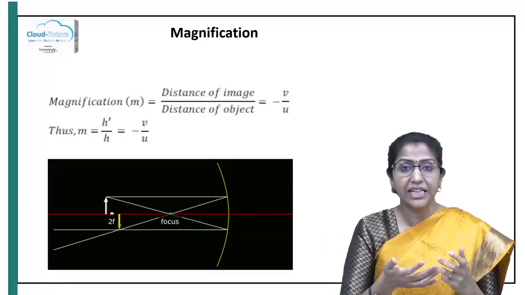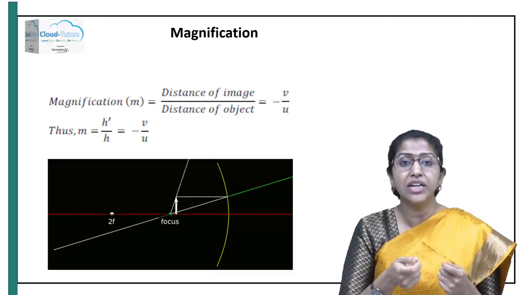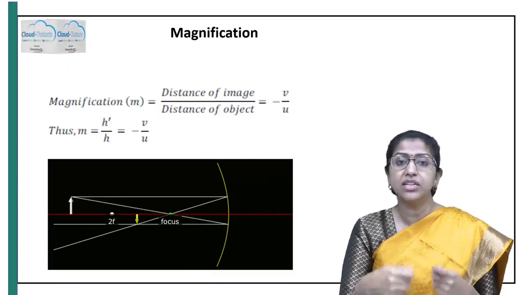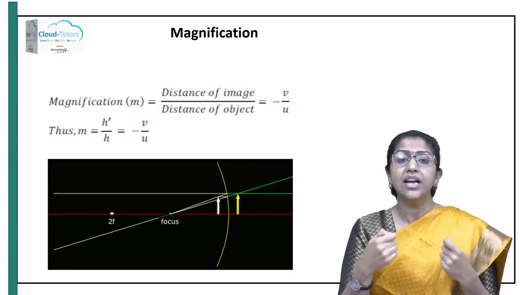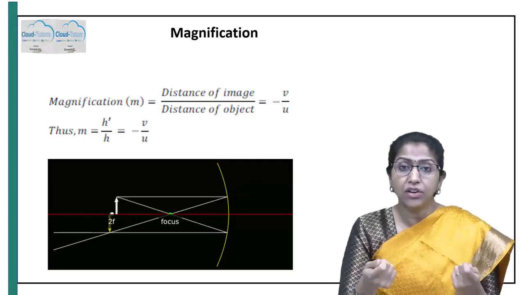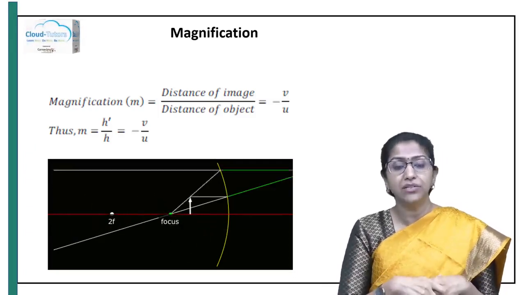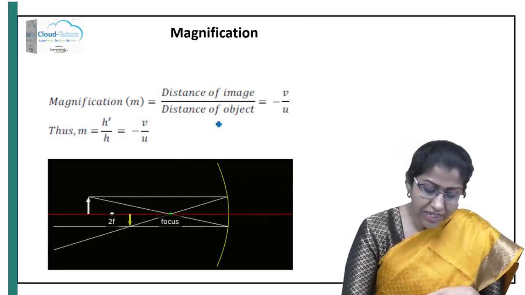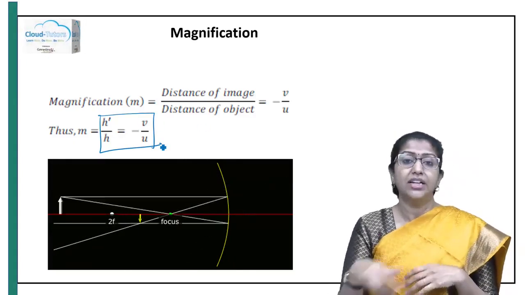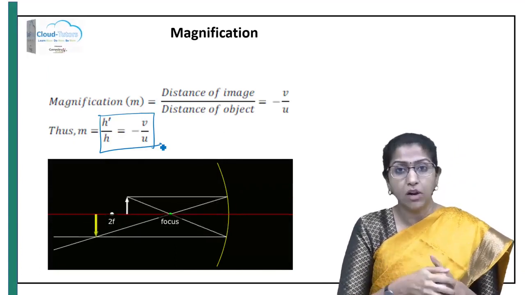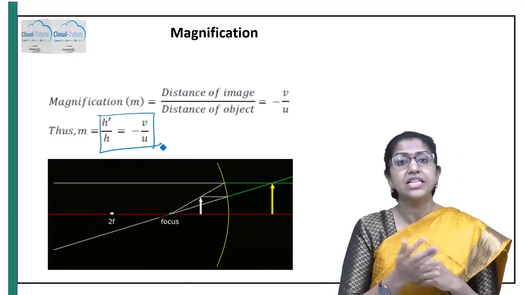It is defined as the ratio of the distance of the image to the distance of the object, or as the ratio of the height of the image to the height of the object. We can always keep this formula handy when solving numericals on spherical mirrors.